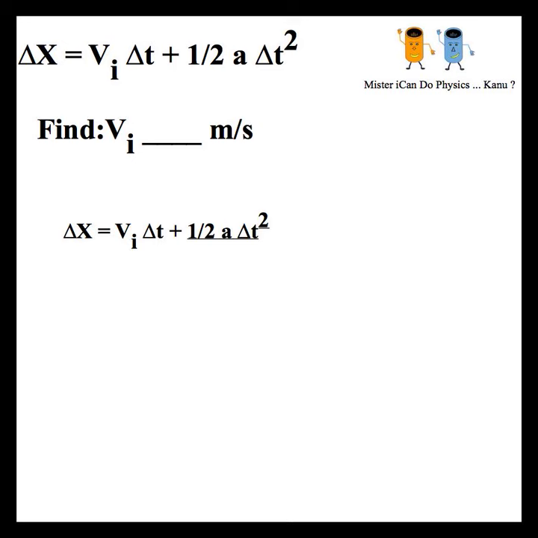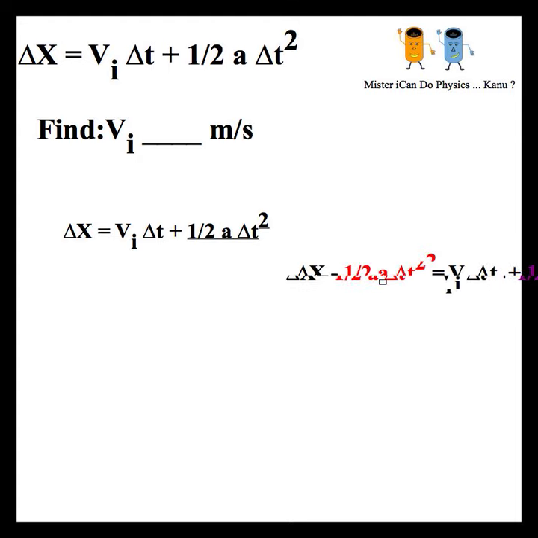Okay, to do that, we have delta x equals v sub i delta t plus 1/2 a delta t squared. And we note that if we want to isolate the term for the initial velocity, the first thing we would have to do would be to subtract 1/2 a delta t squared from both sides so that we would have a term left on the right that only had v sub i delta t.